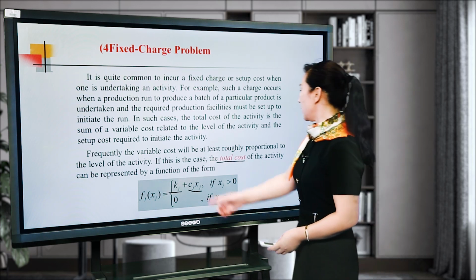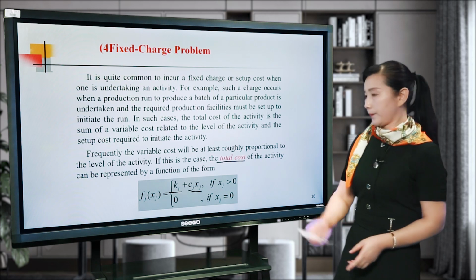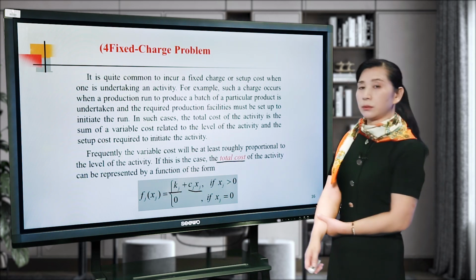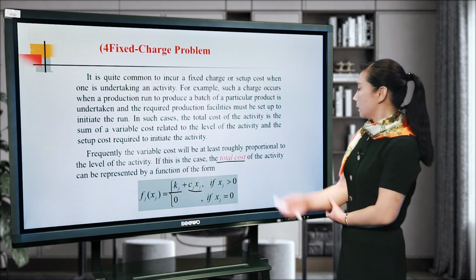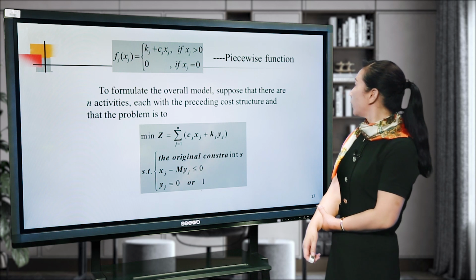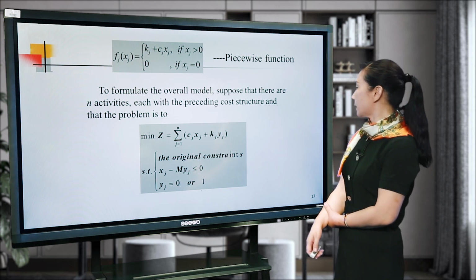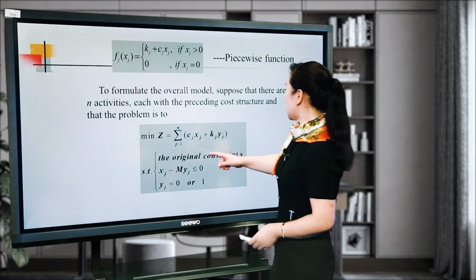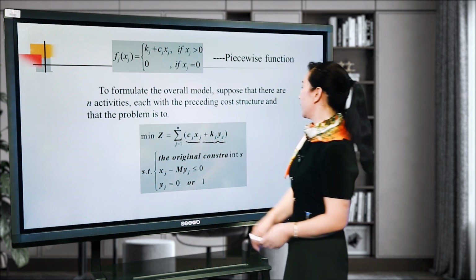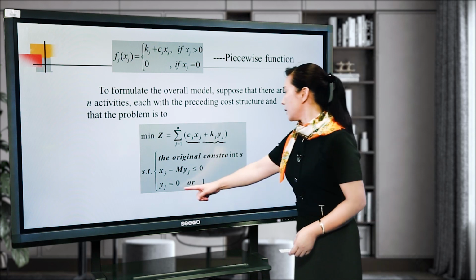And this function is a piecewise function, and it is also not a general constraint. So we rewrite this as Cj xj plus Kj yj, where yj is a binary variable.